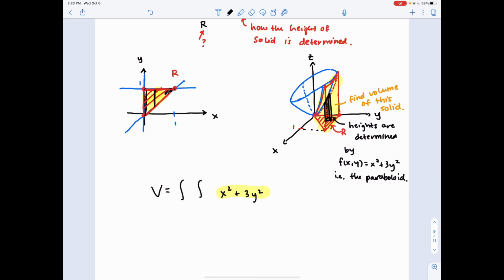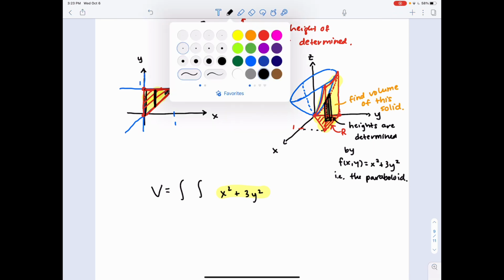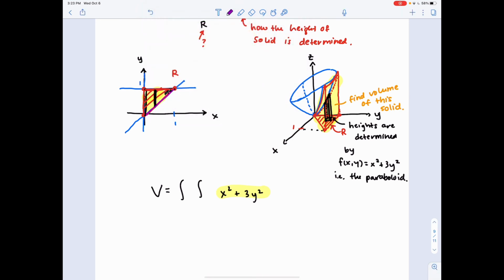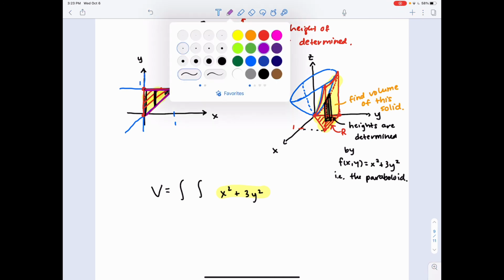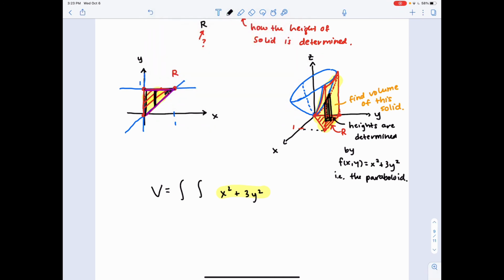What I mean by that is, for example, if I put in my strips vertically, notice that I only have one bounding bottom function and one bounding top function. The same would be true if I put this in horizontally. I'd only have one left function and one right function. So I can get away with using just one double integral regardless of my order of integration.